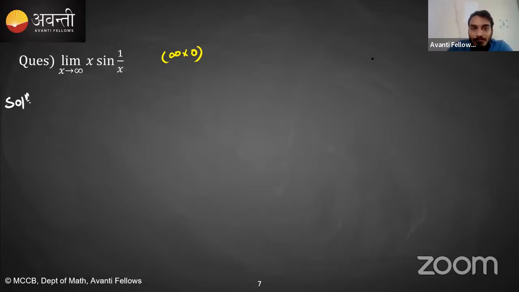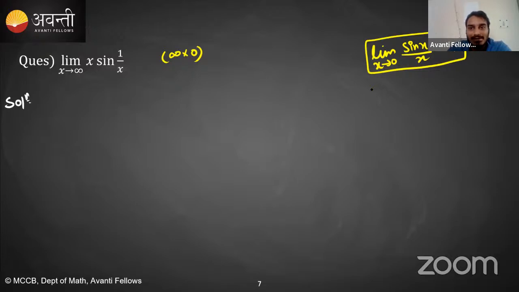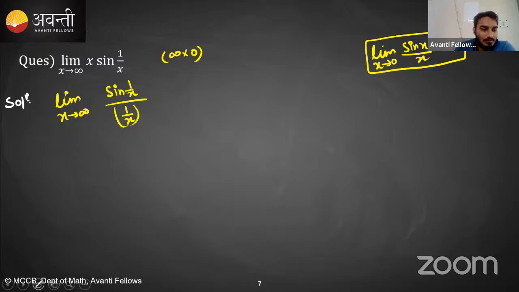Students, do you remember this thing? Limit x tending to 0, sin x upon x is equal to 1. Is this clear? So as you can see, here you can write this as limit x tending to infinity, sin of 1 upon x, upon 1 upon x. Yes or no? Now, let 1 upon x be equal to y.